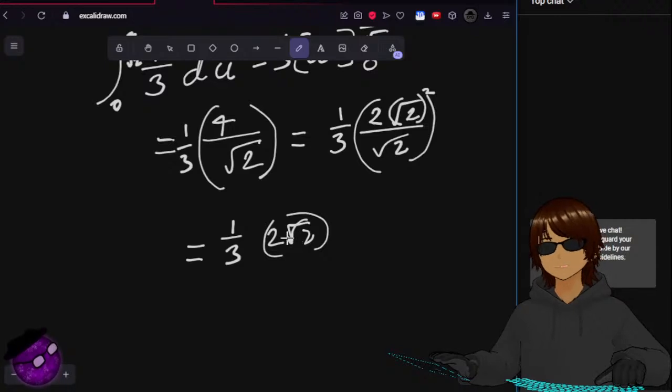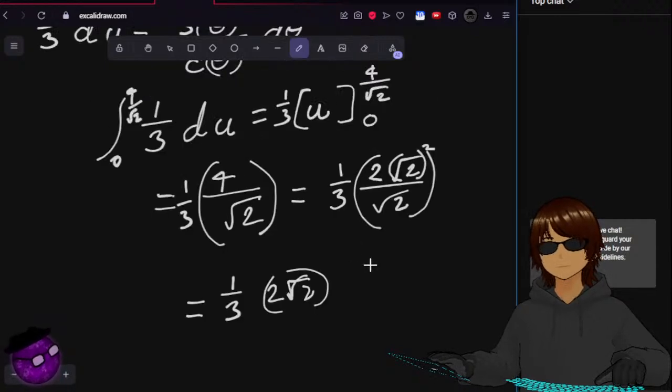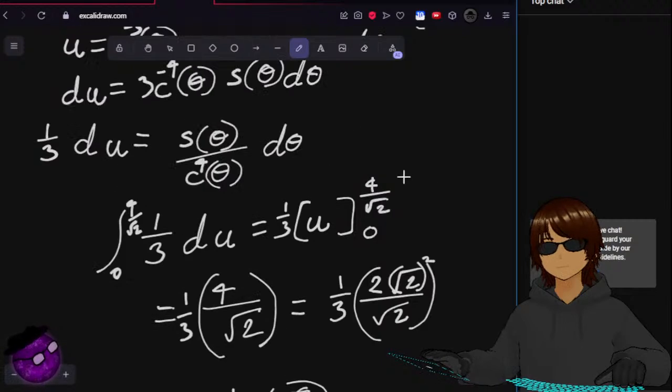Where did the minus 1 come from? Plus c, no.